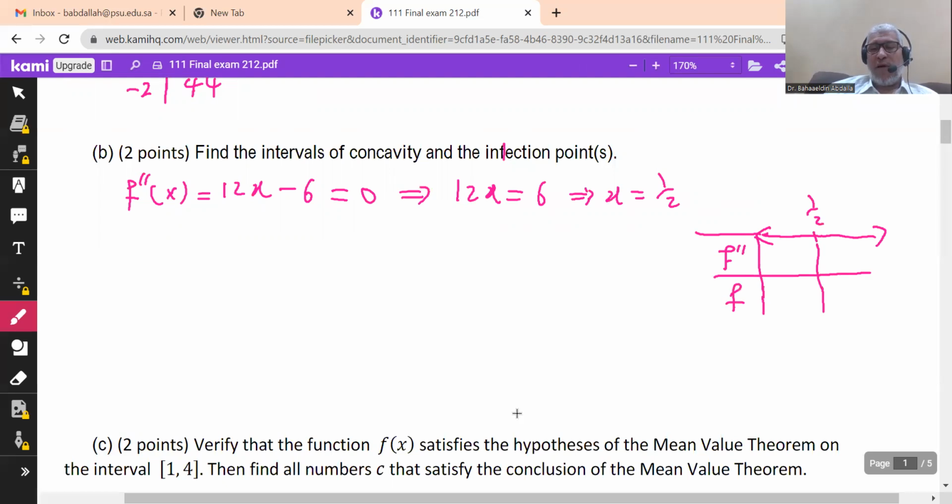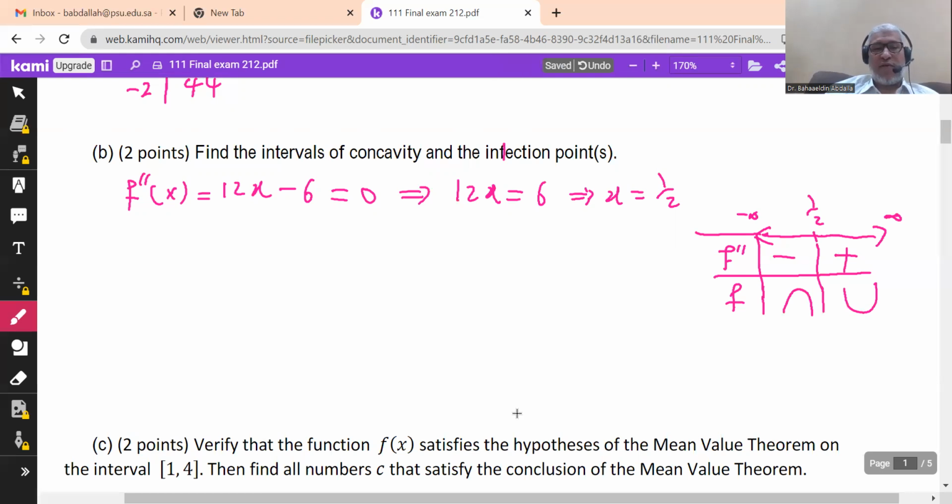When f double prime is positive, f will be concave up. When f double prime is negative, f would be concave down. So if we choose a number less than half, of course the domain is from negative infinity to infinity, 0 for example, f double prime would be negative 6. So it's negative here, positive here. So concave down here, concave up here.